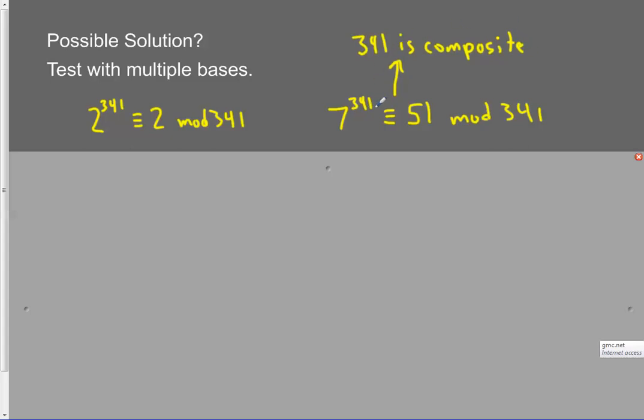So yeah, we can test against multiple bases. However, this still isn't perfect. This helps, but it's still not perfect because although in this example I gave you a number that was a pseudoprime to one base, but then we tried another base and it failed, there are numbers that are pseudoprimes to more than one base. And there even are numbers that are pseudoprimes to many bases.